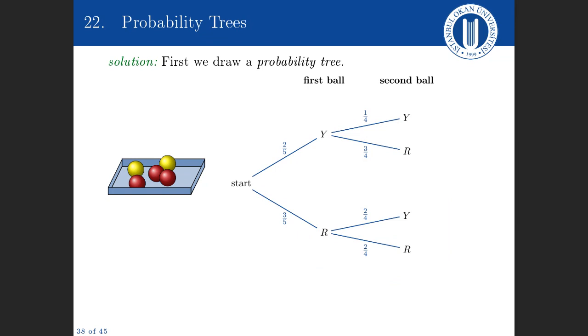Along each of the branches of this tree, we can multiply the probabilities together. So up here, 2 over 5 multiplied by 1 over 4 is 1 over 10. And then to get to this yellow, 3 over 5 multiplied by 2 over 4 is 3 over 10.